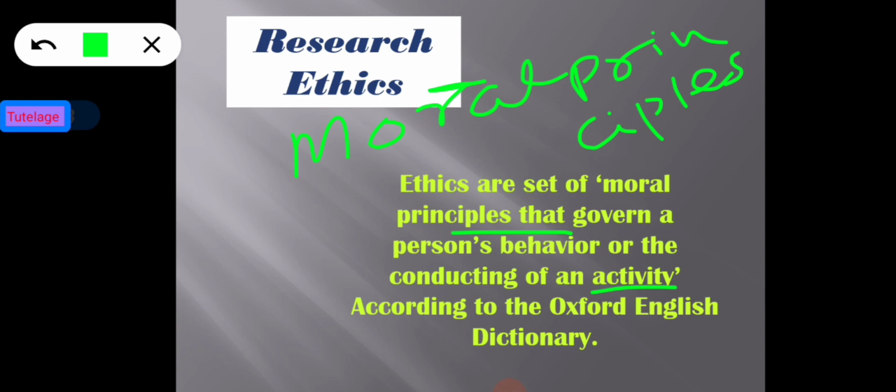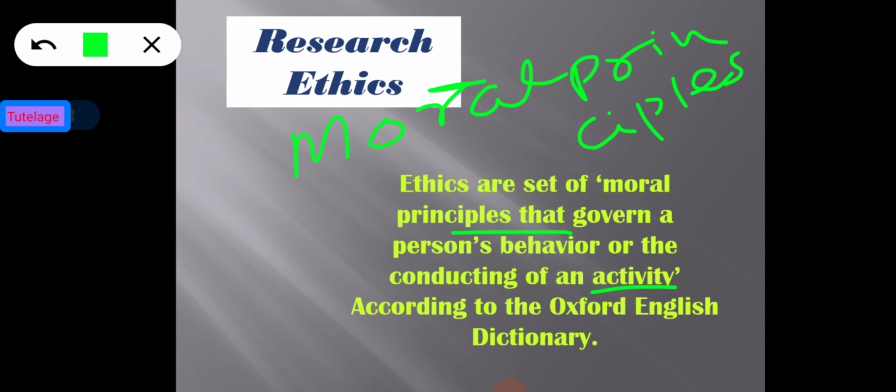So research ethics indicate moral principles that govern a person's behavior or the conducting of an activity. These state what a researcher ought to do and what he or she should avoid.